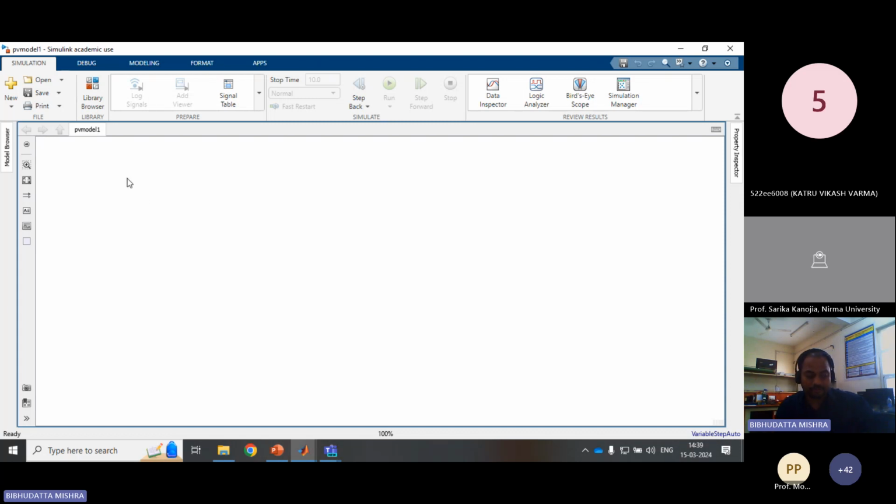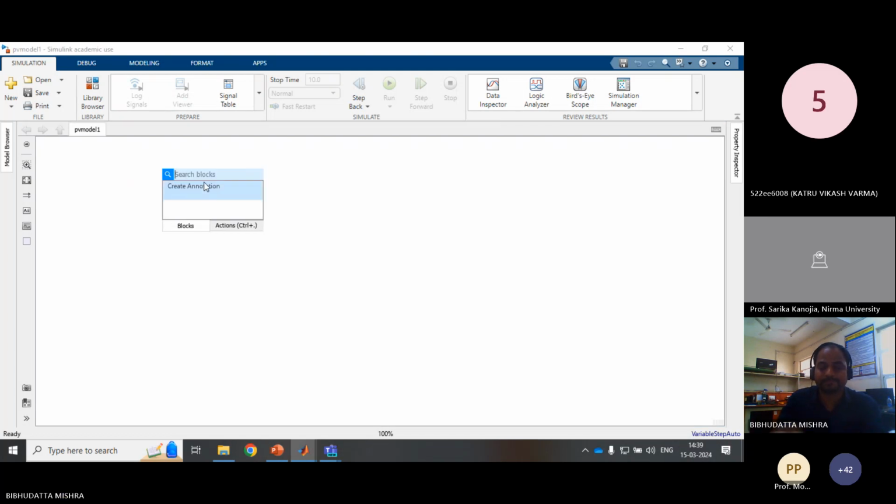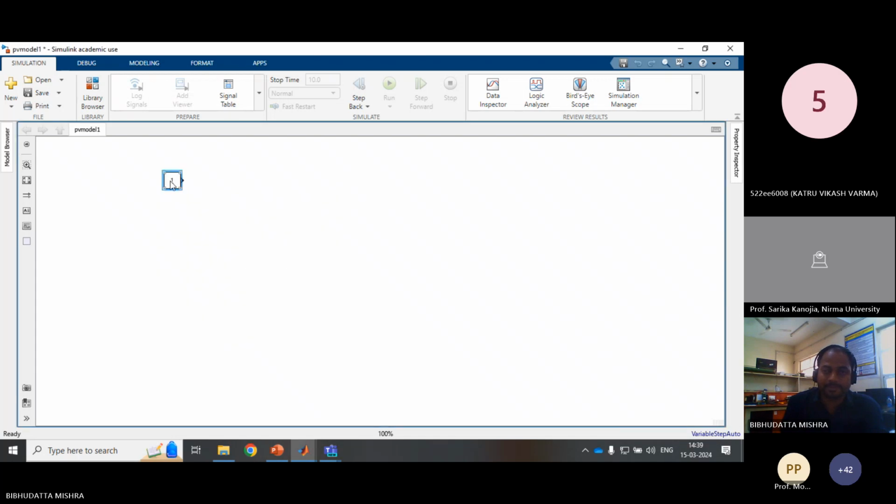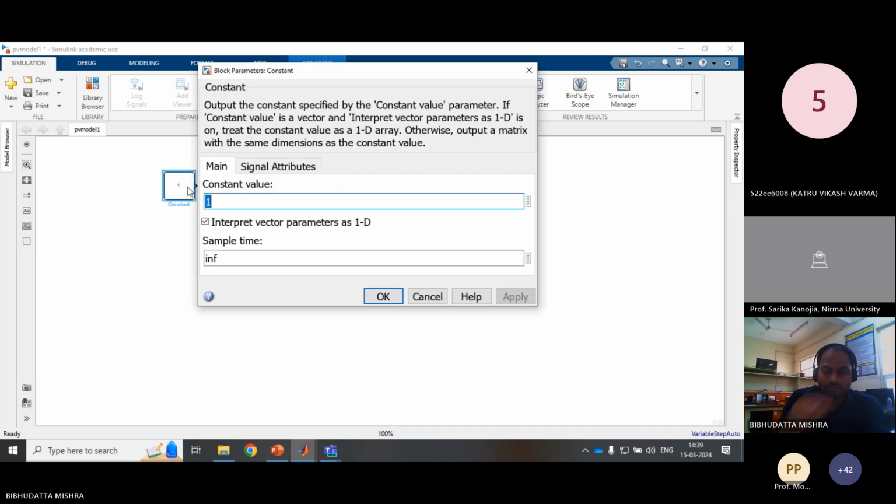First of all, we need to declare the variables, that is standard temperature as well as the irradiance. For that, I am taking one constant for temperature, the standard temperature being 25 degrees centigrade.